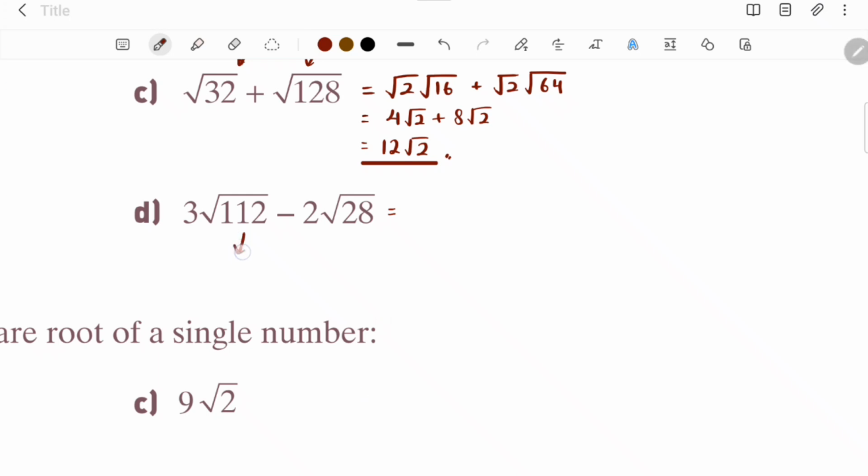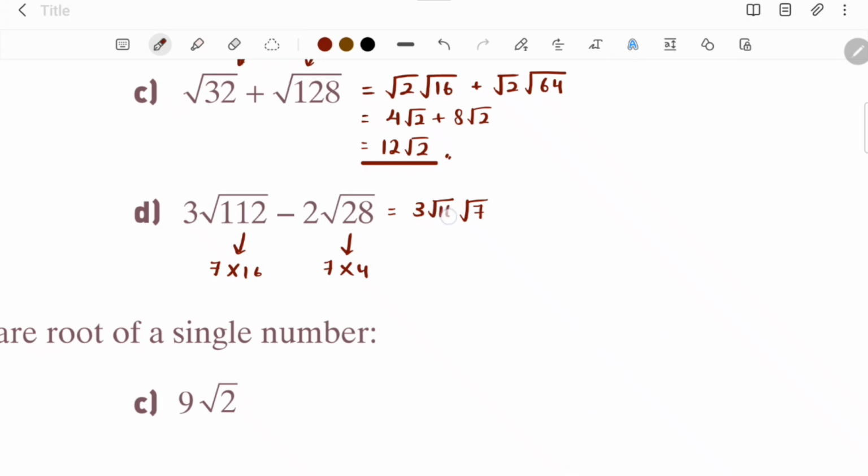Notice that this one is actually 7 times 16, while this one is 7 times 4. So 3 multiplied with surd 7 we put behind, because it will be easier for us.